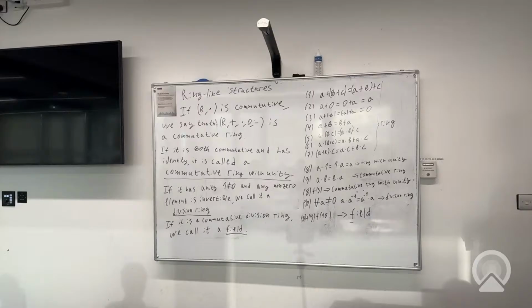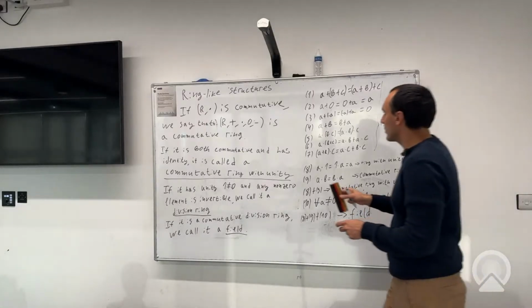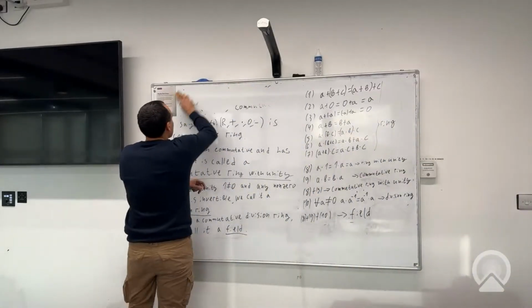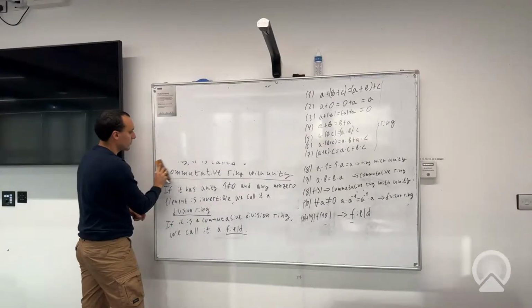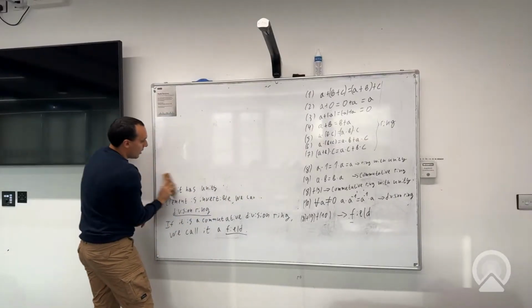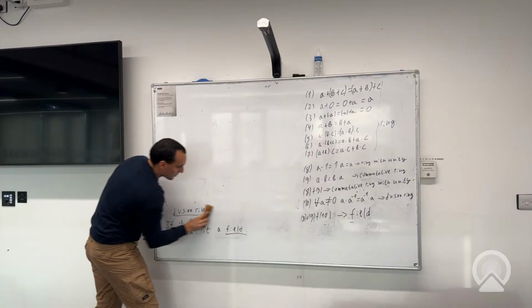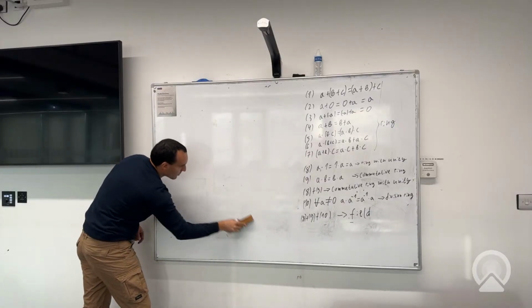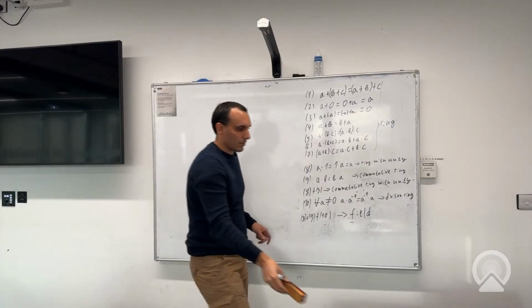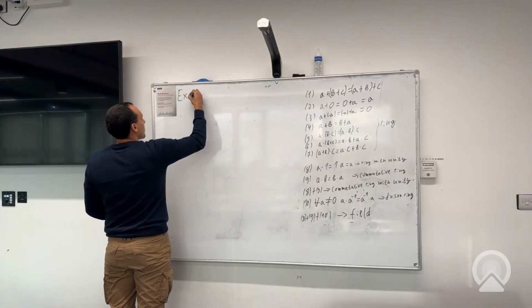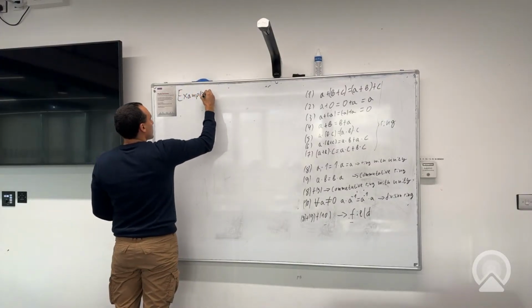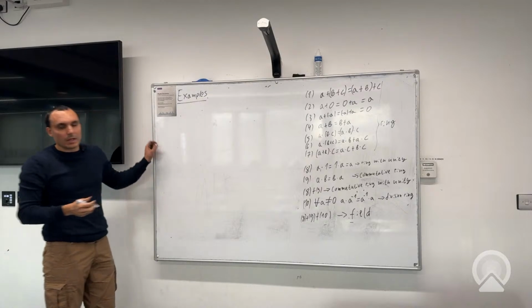Okay. So now let's give examples. First, are the natural numbers a ring?